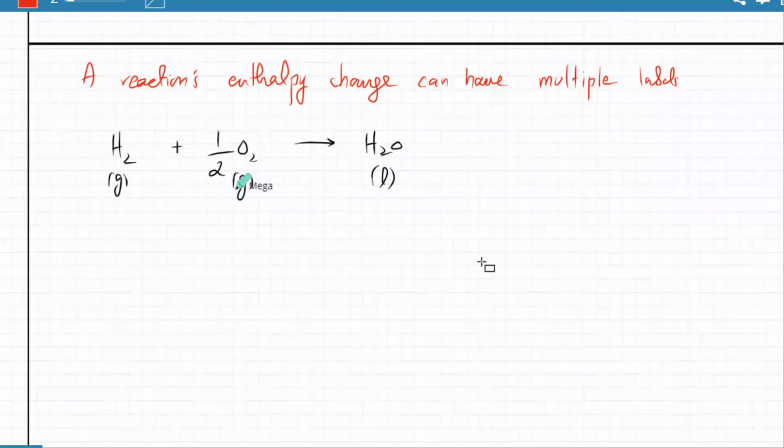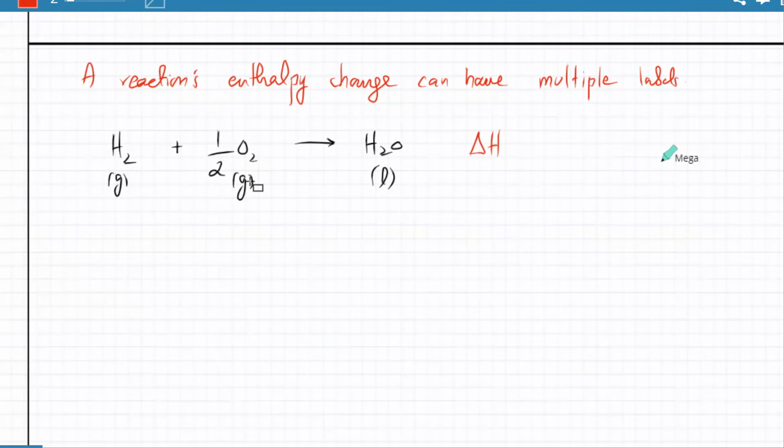Achha, someone tell me, this reaction has a particular enthalpy change. What label would you give it? 1 mole of hydrogen burning in oxygen producing H2O. When 1 mole of something burns in oxygen, what do you call it? Okay, that is enthalpy change of combustion.